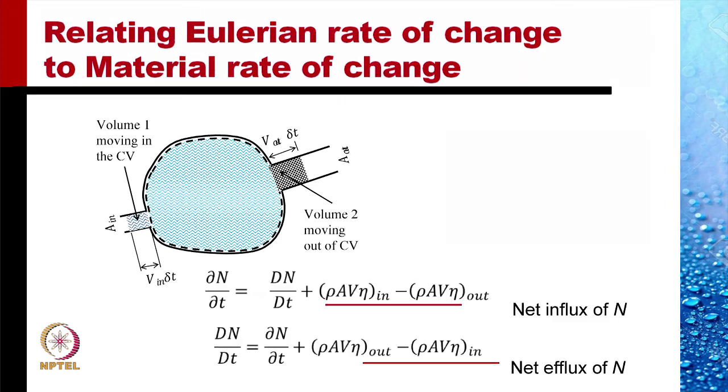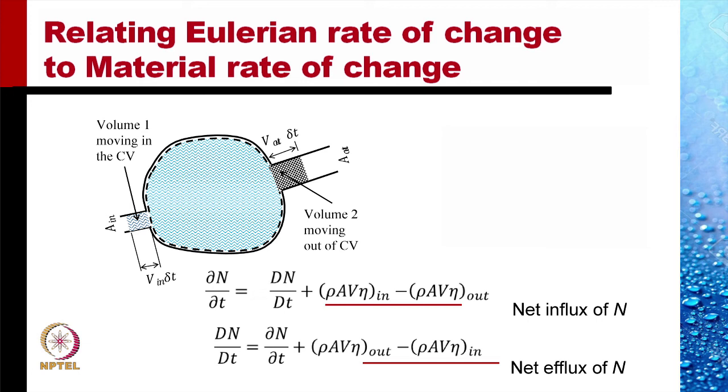So that the change associated with the control volume would be delta n by delta T, the rate at which the property n contained within the control volume changes, times delta T, is equal to dn by dt, the material rate of property n associated with the volume of the control volume, times delta T, plus the property that is moving in minus the property that is moving out.